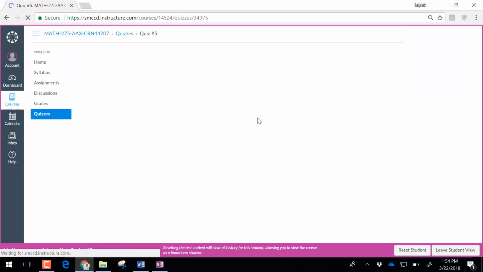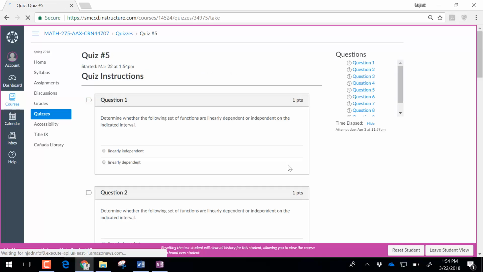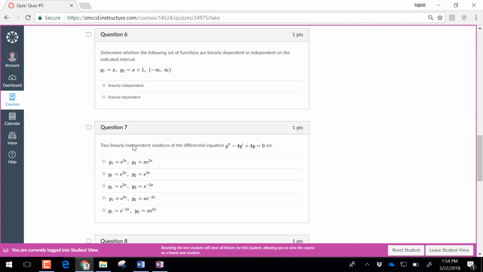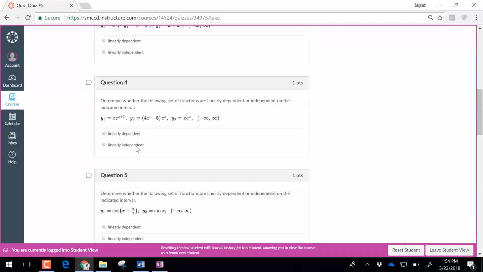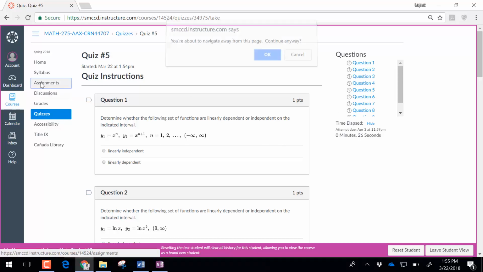So quiz number 5, take the quiz, 2 attempts. So you're allowed 2 attempts. It's a multiple choice or true false or something like that, and there's 10 problems to do. And so you do it, you submit it, and then if you feel like you want to take it again, you have 2 tries. So that's the first quiz.